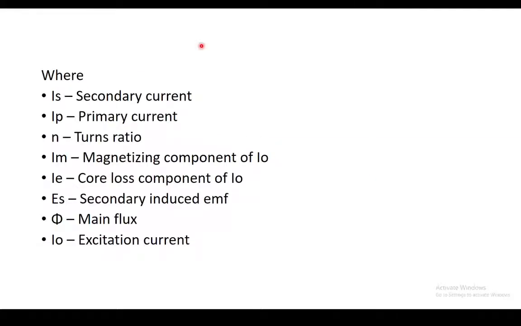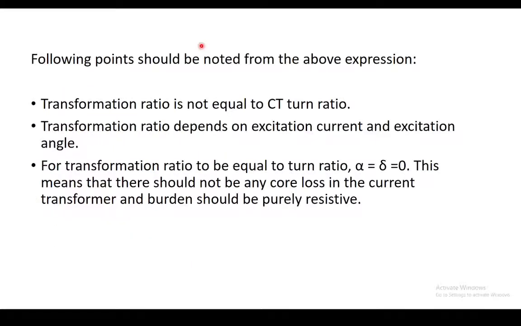Saan yung mga following variables natin is denoted as yung IS as the secondary current, IP is the primary current, N or A as the turns ratio, IM as the magnetizing component of I0 or the excitation current, IE as the core loss component of the excitation current, ES as the secondary induced EMF, phi as the main flux, and lastly the I naught, which is the excitation current.